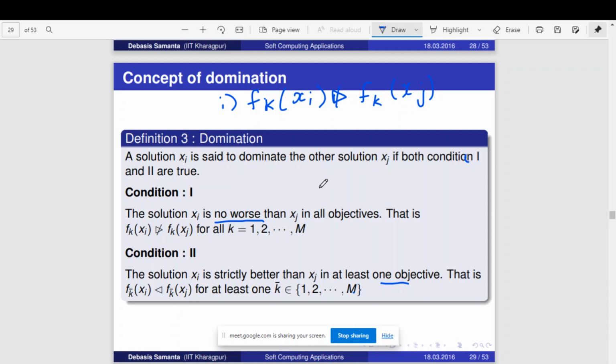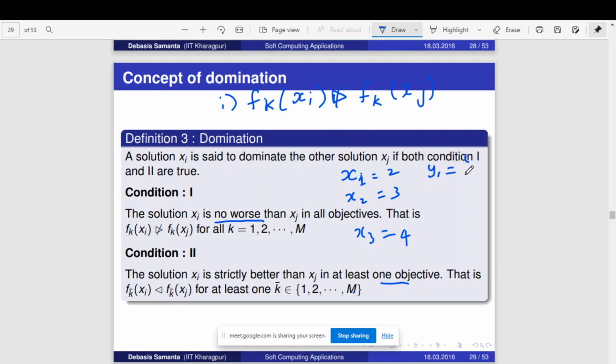Say for example, our objective is to minimize. Say x1 is equal to 2, x2 is equal to 3, x3 is equal to 4. Say x and y we are comparing.